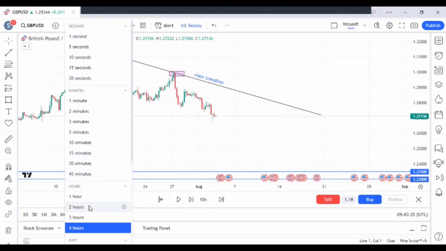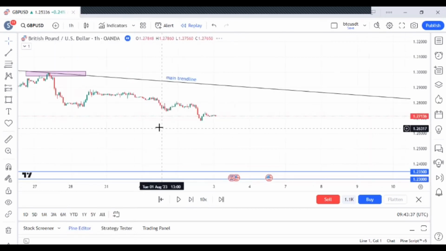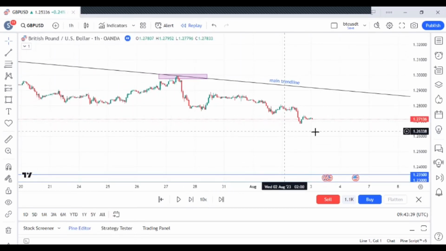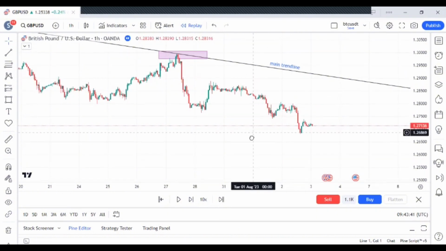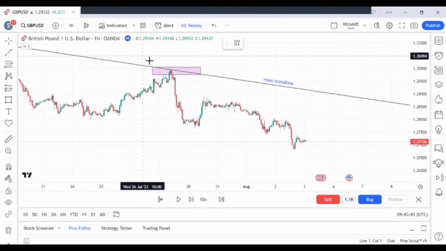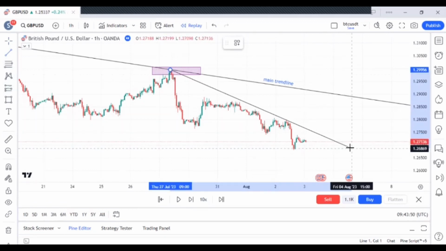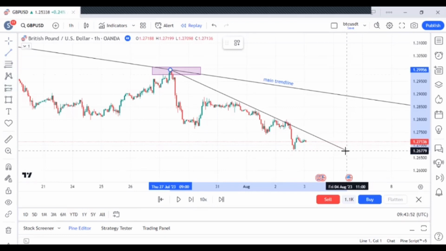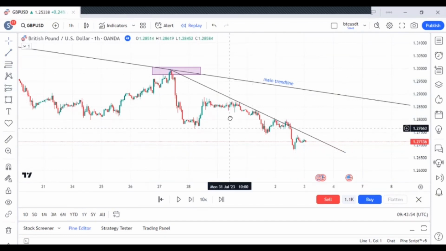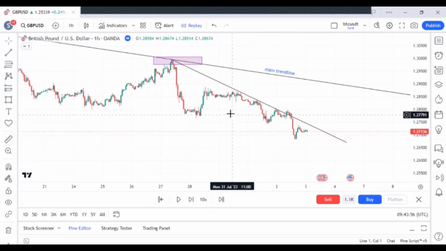So this is what I will do. I will scale down to the 1 hour time frame. Then remember what I told you guys: from the second touch of my main trend line, I make it fit in with the lower high that the market has given me.